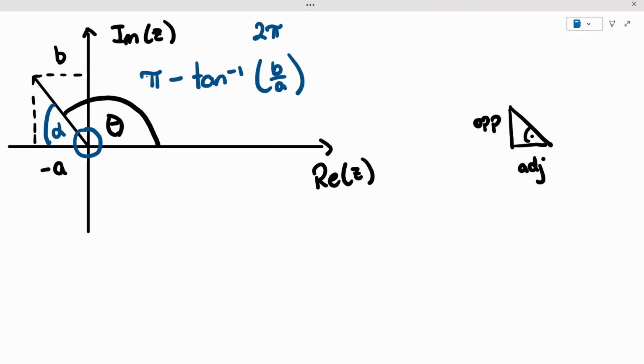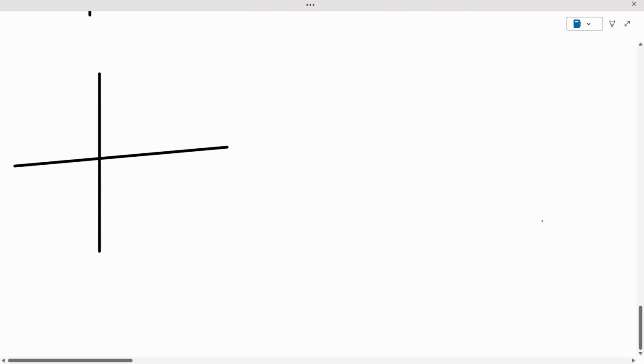We are only concerned with the magnitude. So this is b units and this is a units. We're not really worrying about the direction. We just want to know what the magnitude is. So for a complex number here in the second quadrant, the argument is pi minus tan inverse of b over a. And of course, we could extend this idea to the other two quadrants.